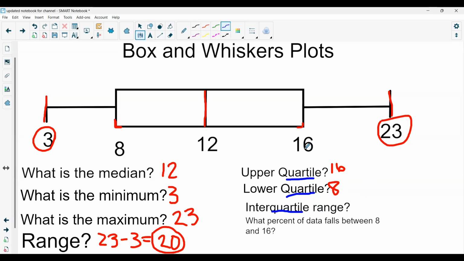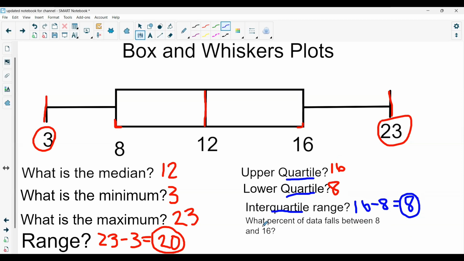So we're doing our bigger quartile minus our smaller quartile, which is 16 minus 8. What is 16 minus 8? You can use your calculators if you need to. I know that 16 minus 8 is 8. Okay, so my interquartile range would be 8. All right. Hopefully you're looking at this and thinking to yourself, this is super easy.